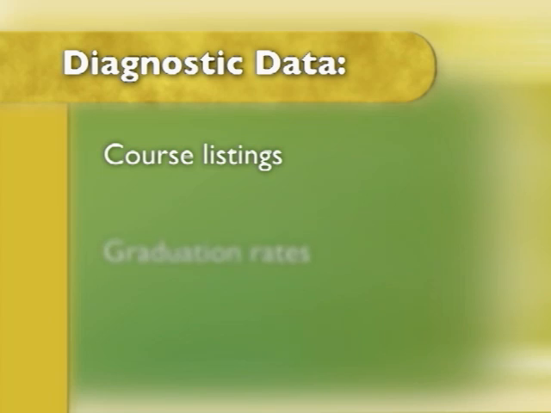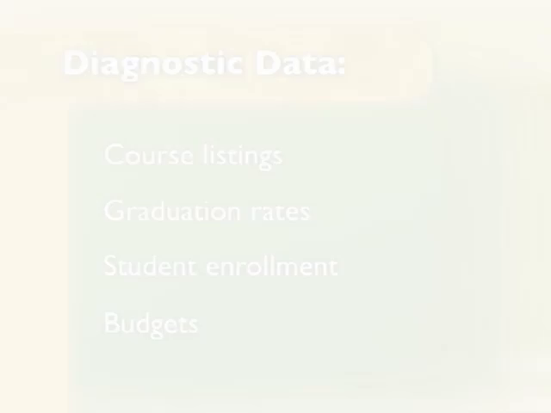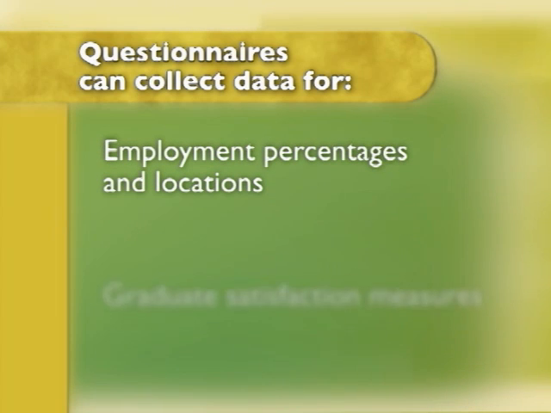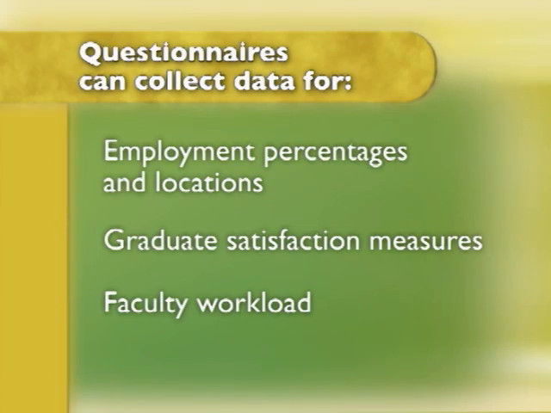Diagnostic data is typically gathered by using existing data, such as course listings, graduation rates, student enrollment numbers, and budget sheets. Designing and using questionnaires may be useful to collect information such as employment percentages and locations, graduate satisfaction measures, and faculty workload. Additional data can be collected through interviews of individuals or small groups.